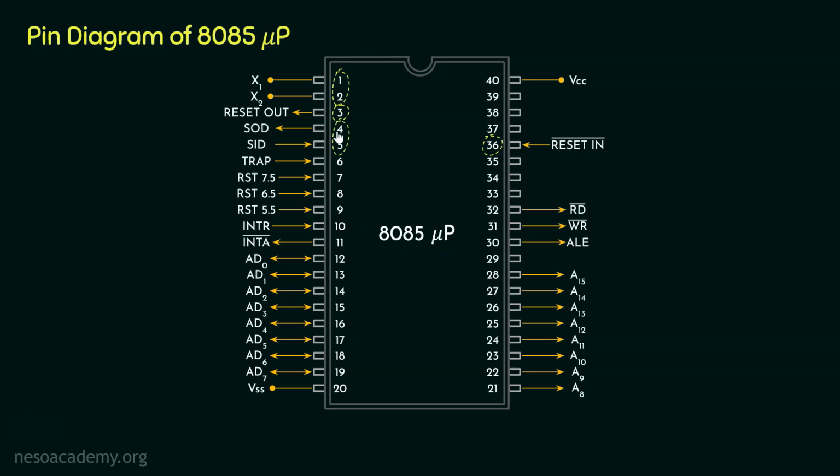Then we have the pins 4 and 5. These two are used for serial input and output data. Then we have the pins 6 to 11, the interrupt pins. At pin number 6, we have the trap interrupt. It is the non-maskable interrupt and generated by critical situations like power failure and hardware malfunctions. Then we have the restart interrupt pins.